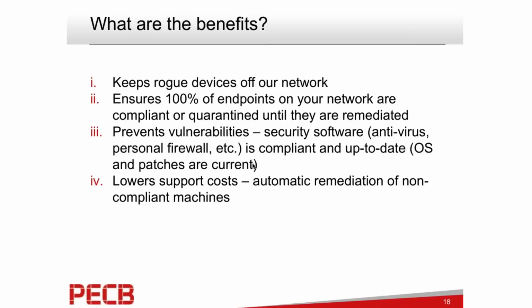You can ensure that 100% of your endpoints are compliant before they are allowed access to different network segments, and if they are not compliant, then you can quarantine them, or forward them into a less secure and more public segment of your network.